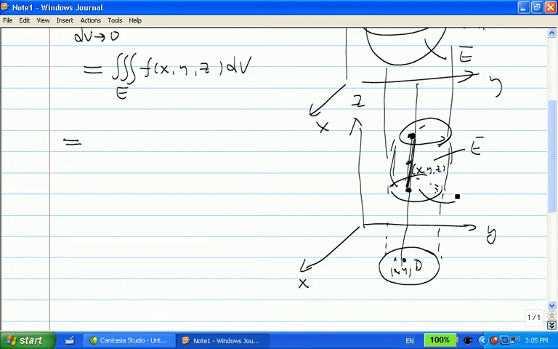For given x, y, you hit this bottom surface. Say the bottom surface is z equal to g1(x, y), and the top surface is given by z equal to g2(x, y).